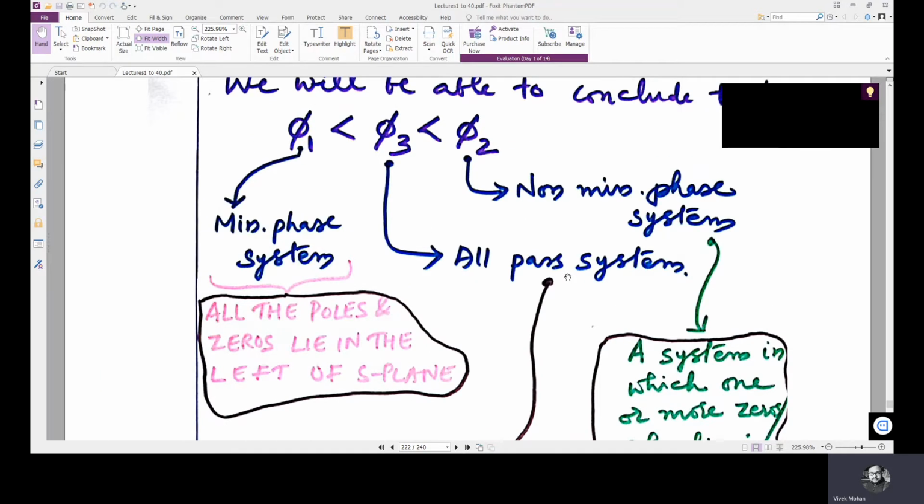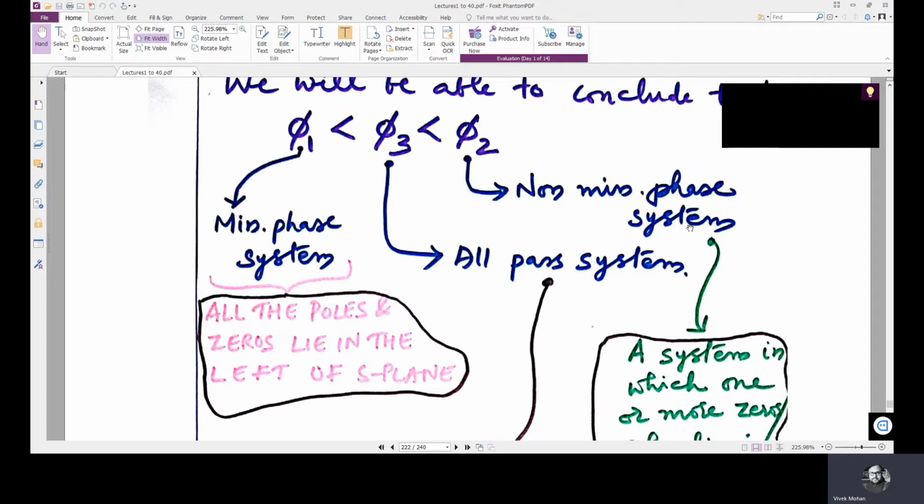So if we compare the phase angles of these three systems, you will notice that the phase angle of the minimum phase system will be less than the phase angle of the all-pass system, less than the phase angle of the non-minimum phase system. We will see the importance of this later.